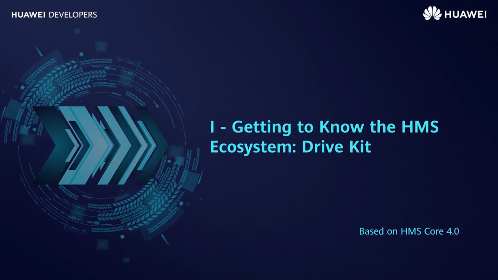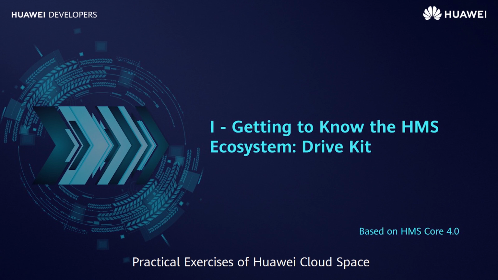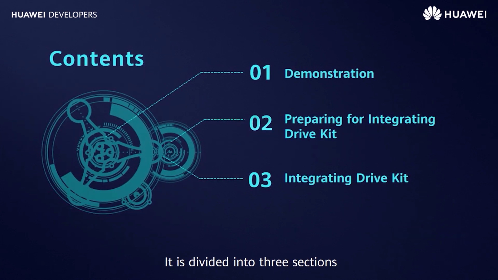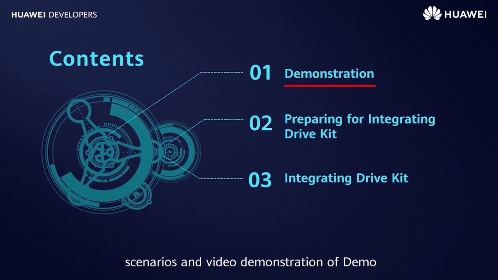Now, let's proceed to Chapter 2, Practical Exercises of Huawei Cloud Space. It is divided into 3 sections. Section 1, Demo Preview. Section 1 is mainly about the service scenario process and demonstration of the demo. Section 2, Preparations before development.